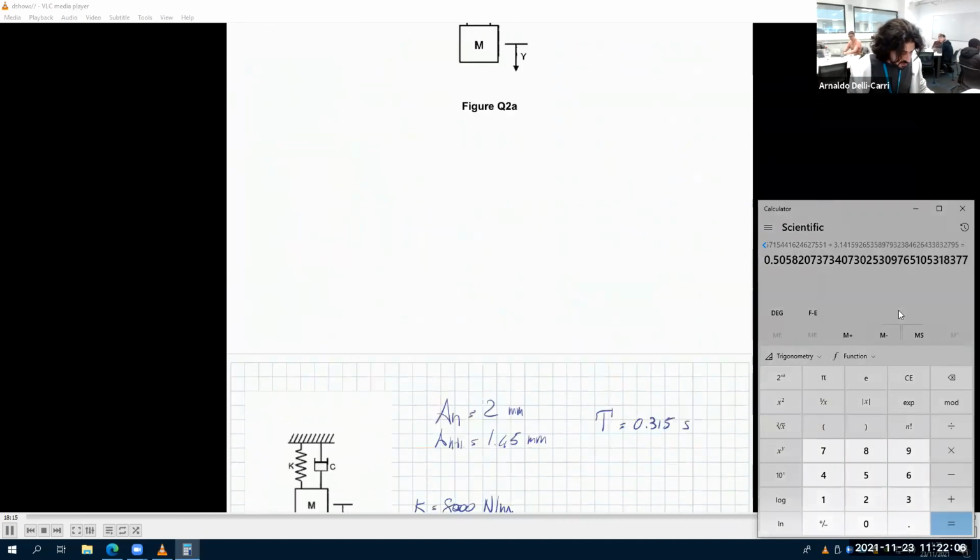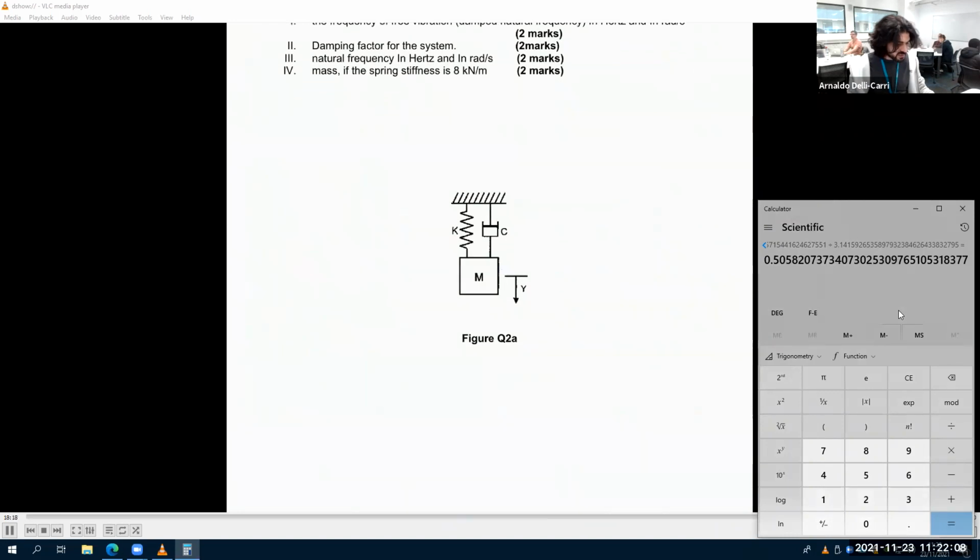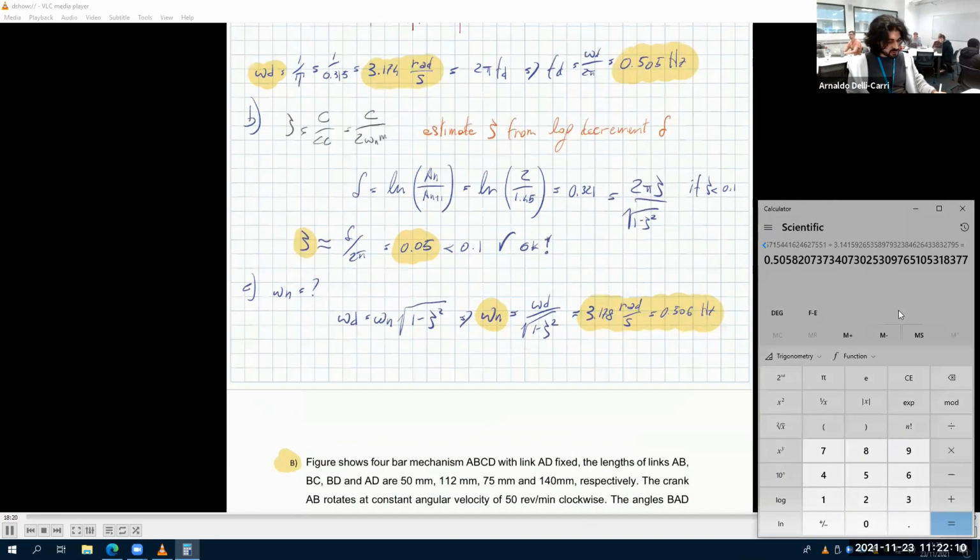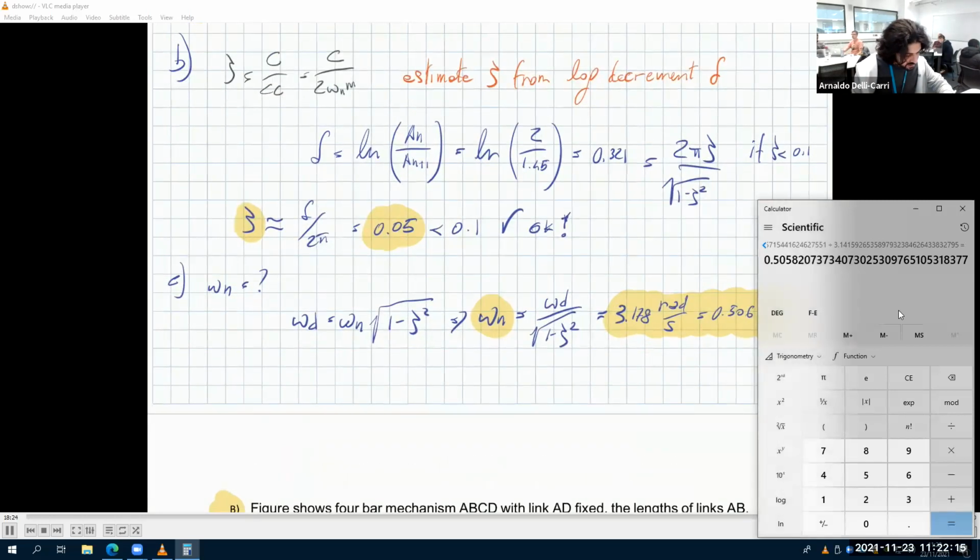Finally, what do we want to find? What's the last one? The mass, if the spring stiffness is 8 kilonewtons per meter. Well, this is very easy. Remember that omega n is the square root of k over m. And so omega n we found, so that means that m is k over omega n squared.